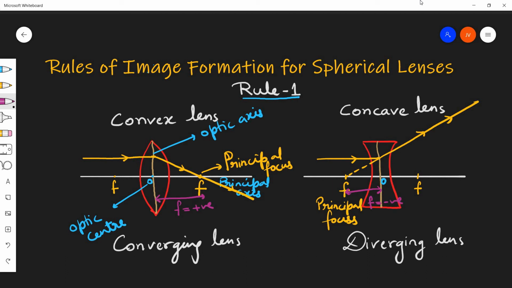Because all distances towards the left of the lens are taken negative and all distances towards the right of the lens are taken positive according to the Cartesian sign conventions. So we will remember that for convex lens, principal focus is on the right side, and in case of concave lens, principal focus is on the left side of the lens.